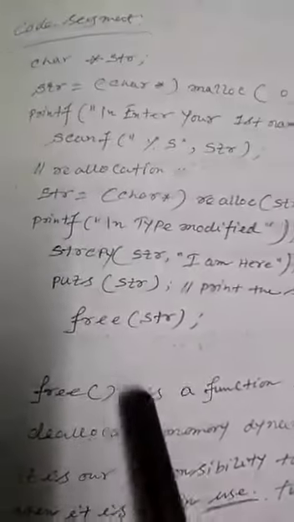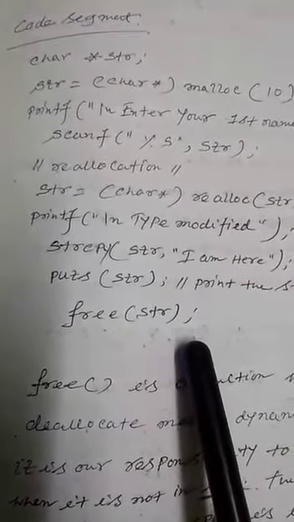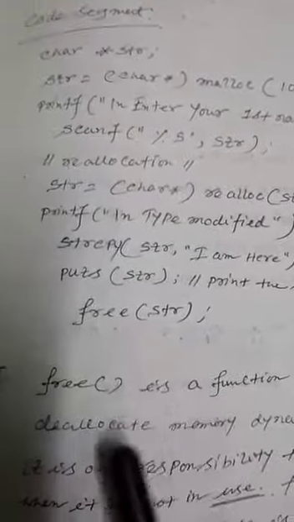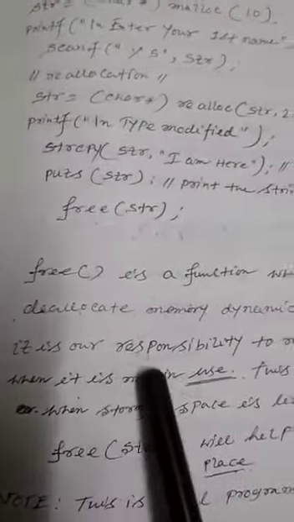After using these, it is always advisable to free the dynamically allocated memory with the free function. Free is a function which is used to deallocate memory dynamically. It is our responsibility to release the space when it is not in use.